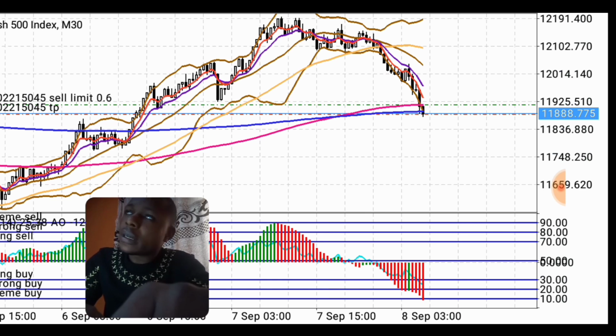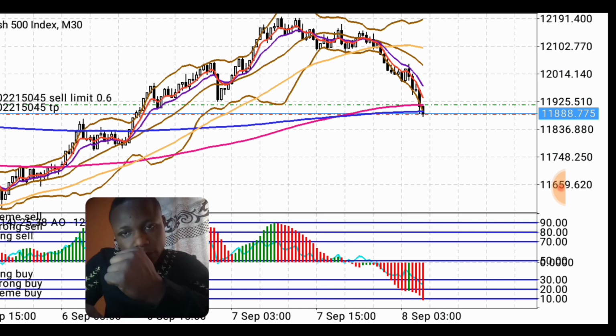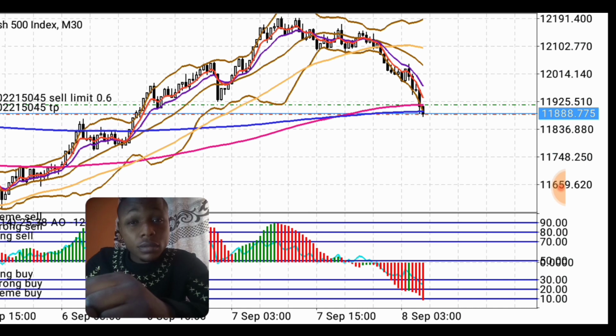There are three main kinds of trends, and these three trends are split into two types.